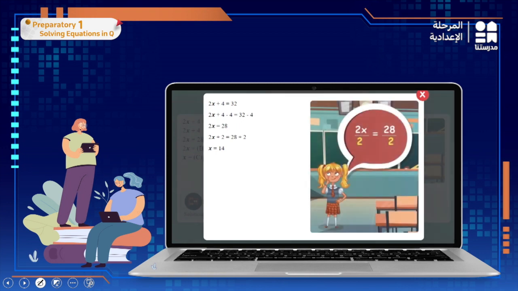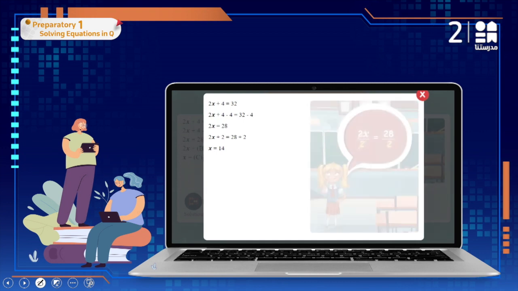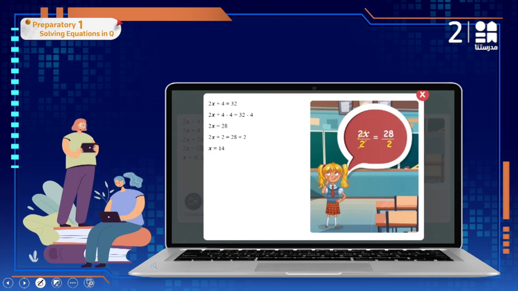So, we divide the left side and the right side by 2. In the left side, 2 divided by 2 gives us 1. 1 is the multiplicative identity. Do you remember it? In the right side, 28 divided by 2 gives us 14.